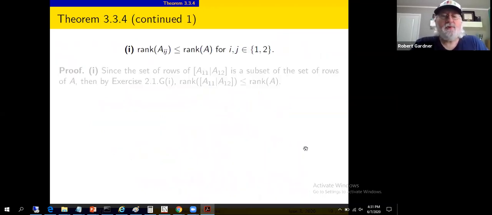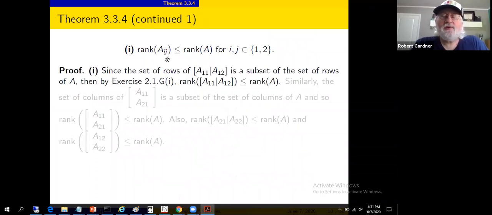All right, so let's do the proof of that. First one. The rank of one of those 4 little things is less than or equal to the rank of A itself. Okay. Let's bust this matrix into pieces. The set of rows of A11, partition A12, is a subset of the set of rows of A itself.